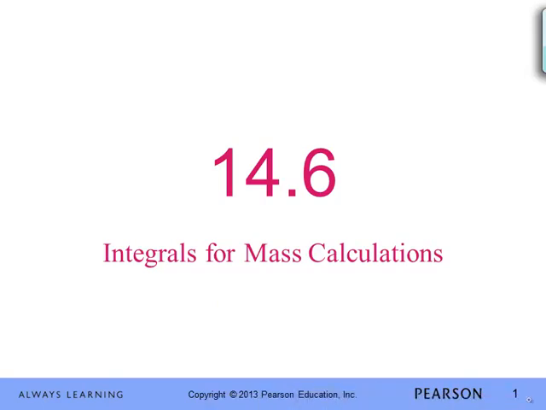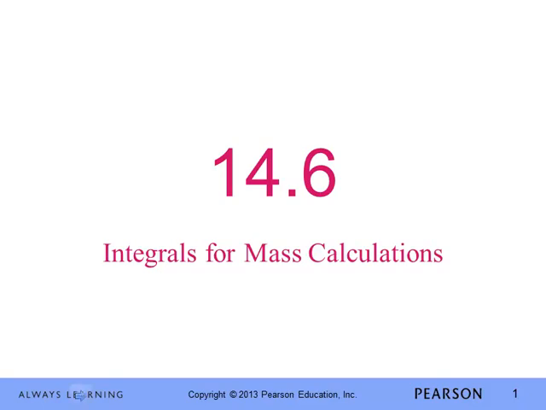So, what we're talking about in section 14.6, Kelsey, is we are going to look at using integrals to calculate mass or centroids, which is basically the geometric center of stuff.